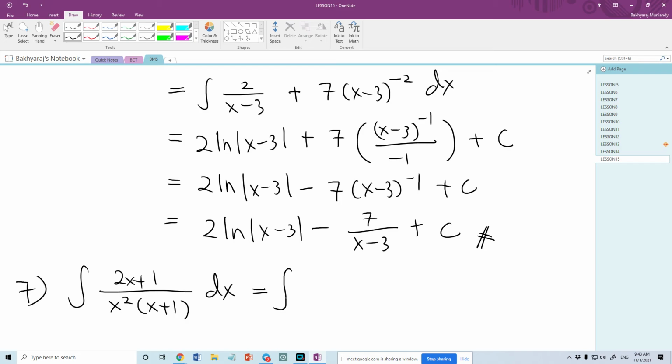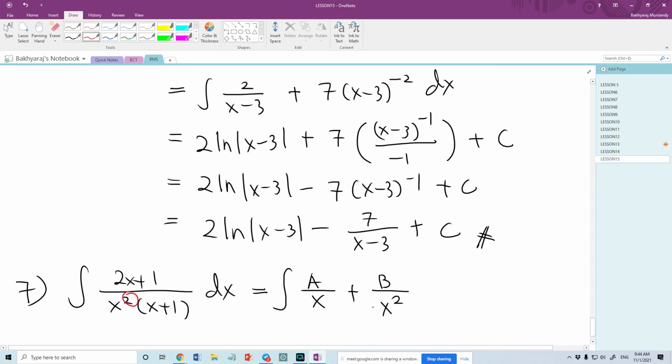If there is a power of 2, it means there are 2 terms. Very good. So a over x plus b over x square.